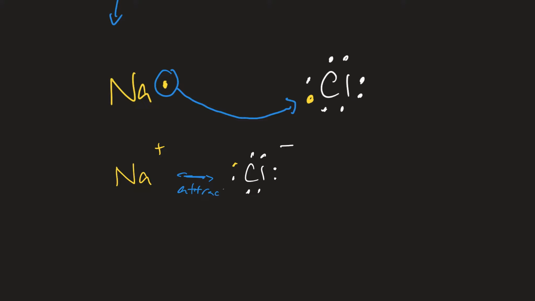So there is an attraction here. The attraction between the sodium ion and the chloride ion, between this positive ion and this negative ion, is what we call an ionic bond. This is an attraction between opposite charges.